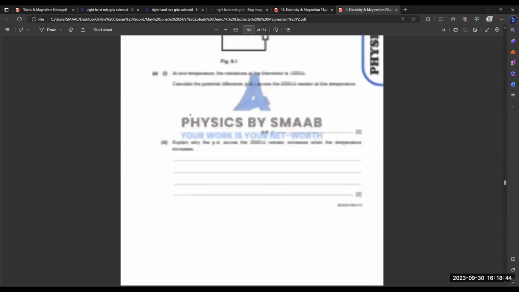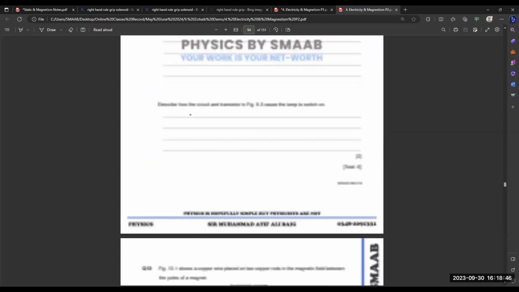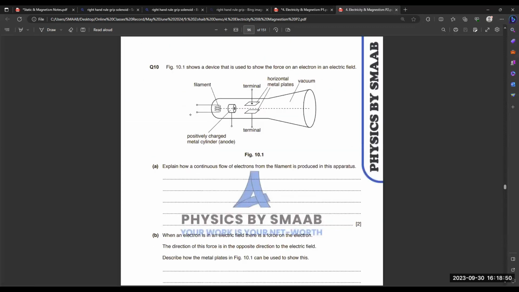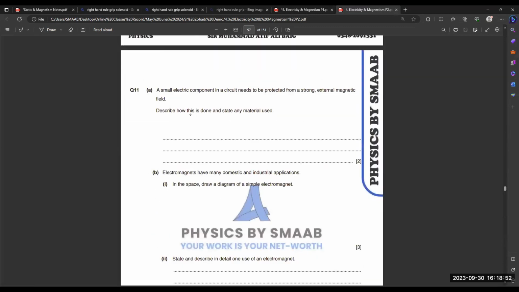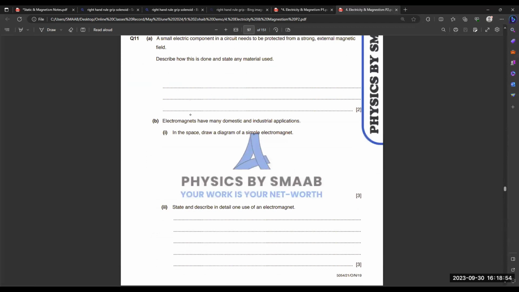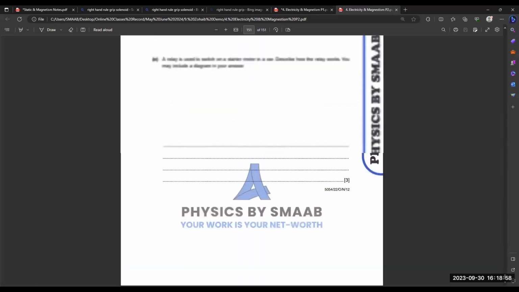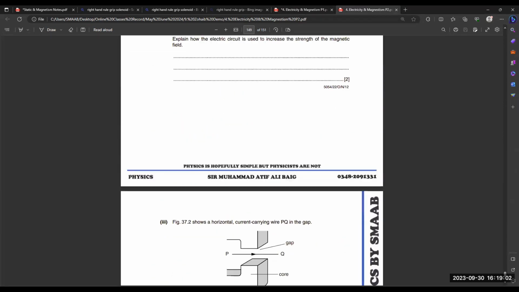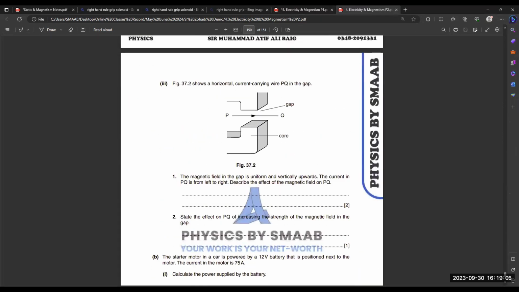But before that, let's consider some examples related to the electromagnetism concept. This is also related to the force.